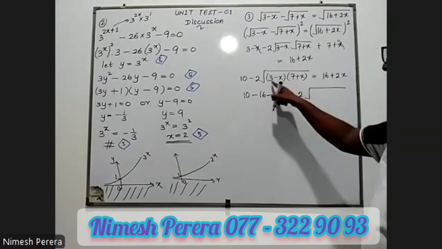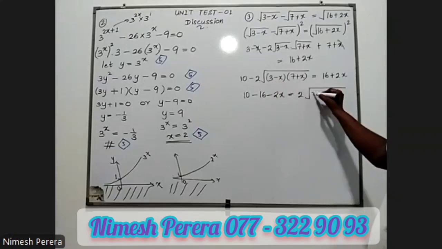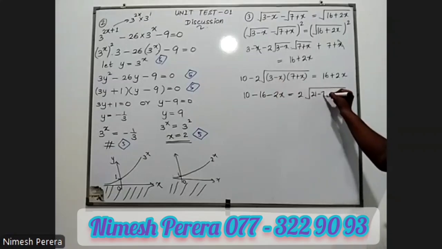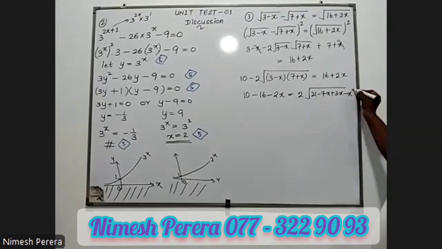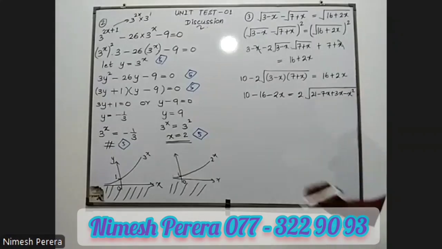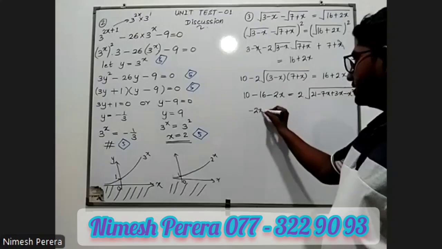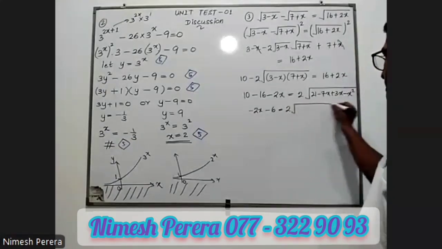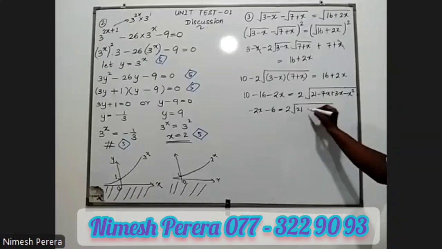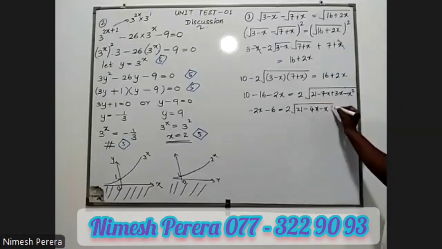In the same step, multiply these four terms. Now minus 2x, minus 6 is equal to 2 times the square root of 21 minus 4x minus x squared.